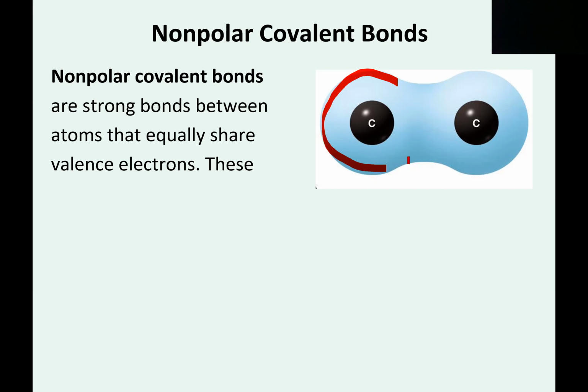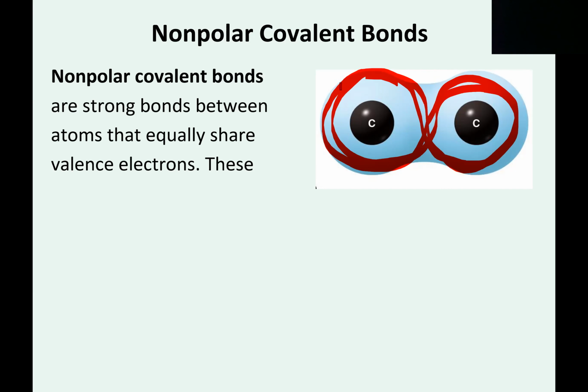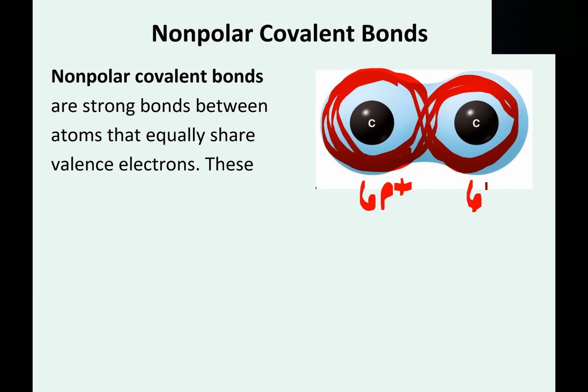So the electrons are going to spend the same amount of time around each of the 2 nuclei. That's because carbon has 6 protons and carbon has 6 protons. So they have the same amount of pull or affinity for those electrons. So it's equal sharing.